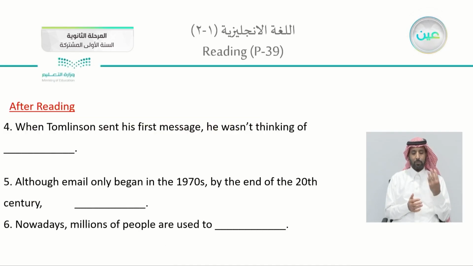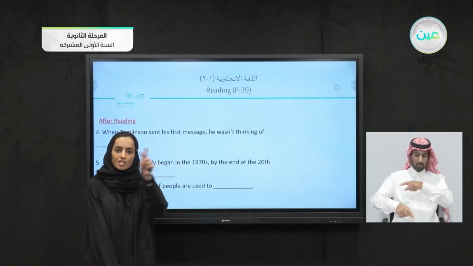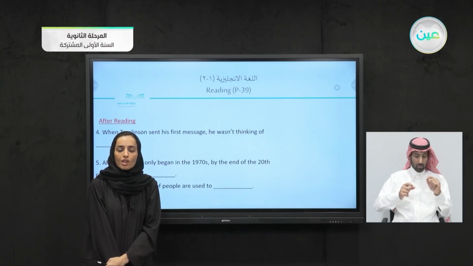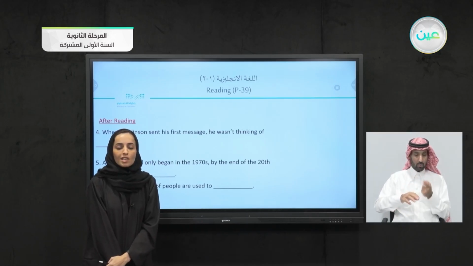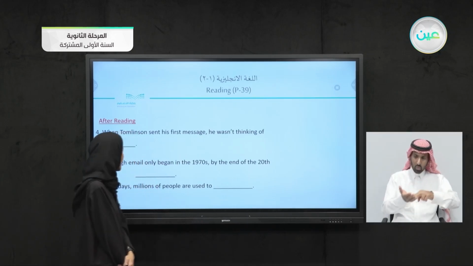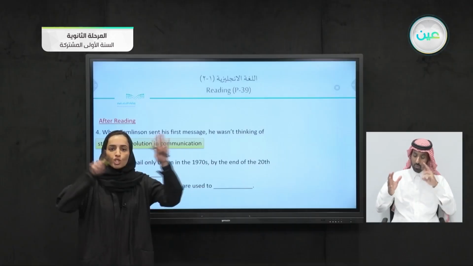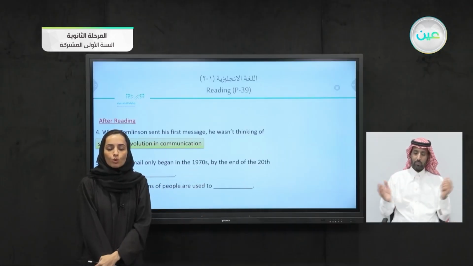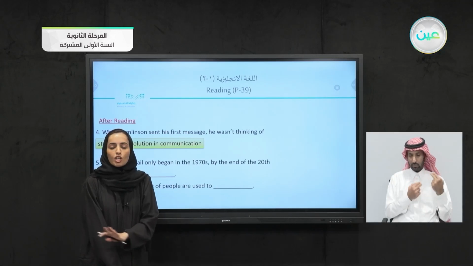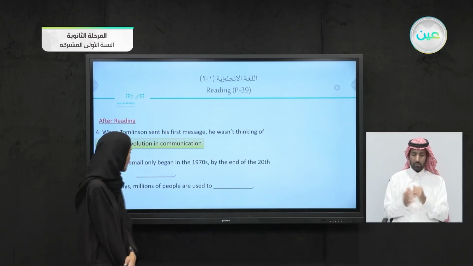Number 4, when Tomlinson sent his first message, he sent the first row of the keyboard. He didn't know that he was about to start a revolution in communication. Revolution means it is about to change the world or to change history. He had changed everything in communication.